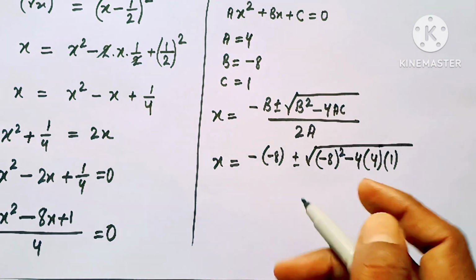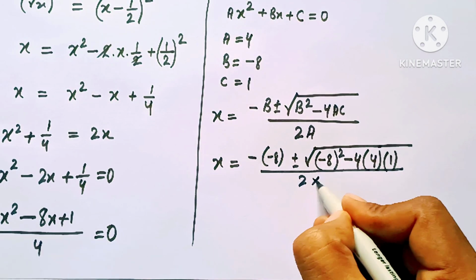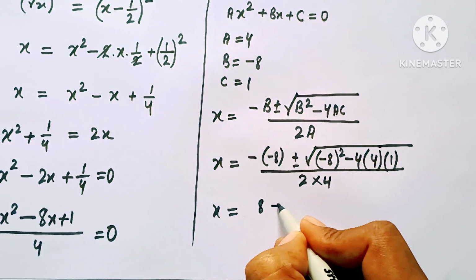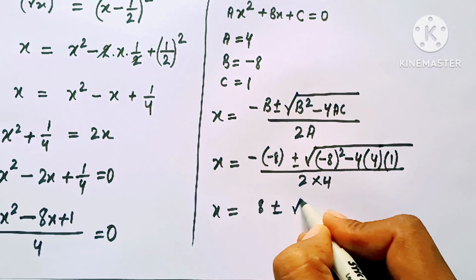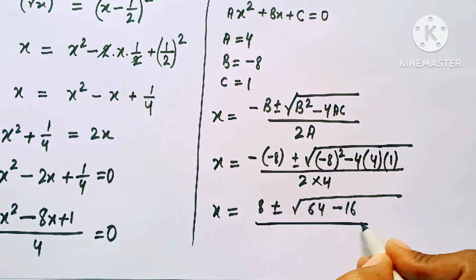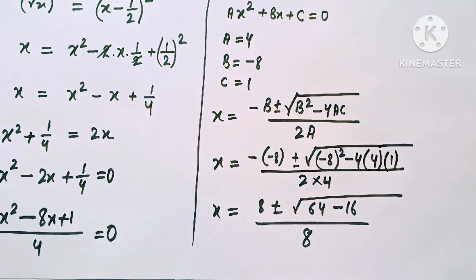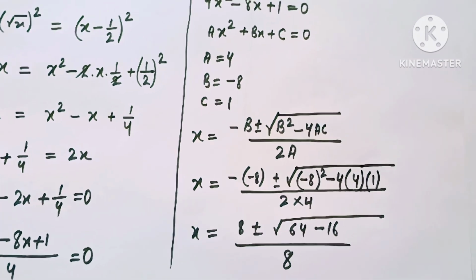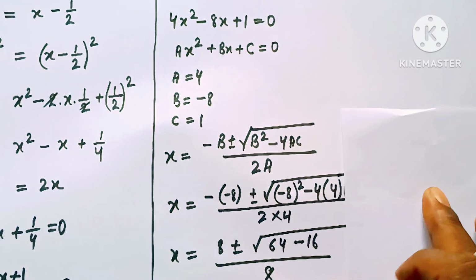Now here we have 2 into a as 4. So we are very close to the answer: 8 plus minus root 64 minus 16, divided by 8. Just let me calculate here.